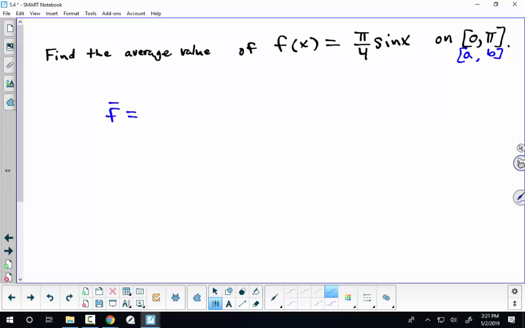So we have 1 over b minus a, which is 1 over pi, then we integrate the given function. So the integral from 0 to pi on the function pi over 4 times sine x dx.